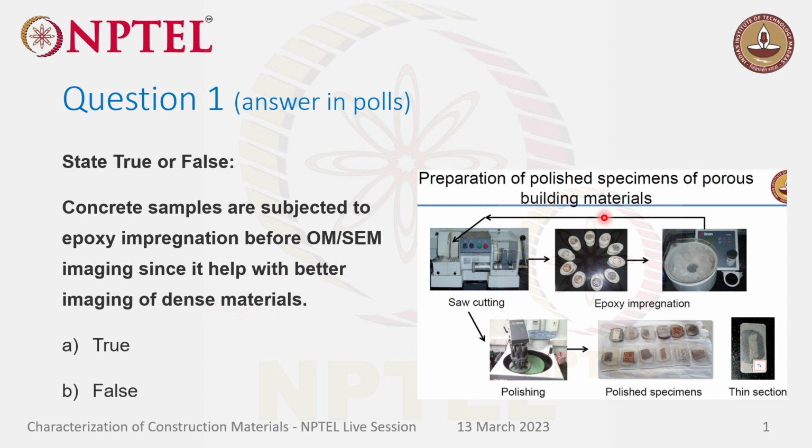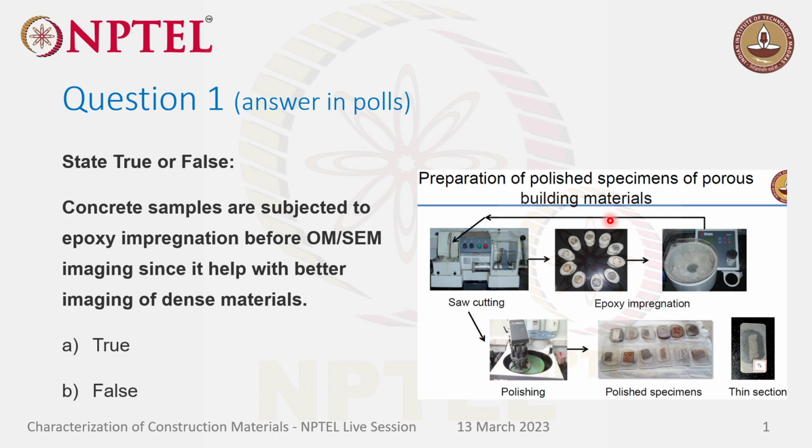If you polish a porous material, what can we expect? What can happen if it's a brittle porous material and you do polishing? Can someone tell me? Consider pumice, which is a volcanic rock, right? A porous rock.